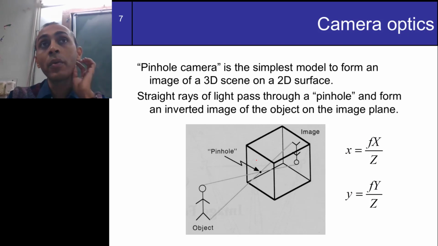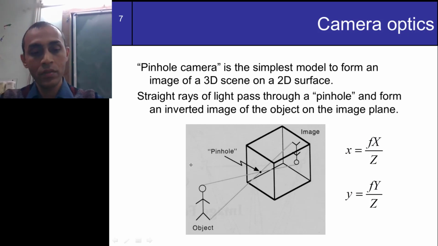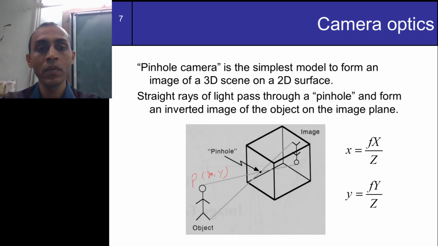So we also discussed the basic geometry of the camera optics. If you assume a pinhole model, then we can have a relationship between scene coordinates, a point in a scene coordinate, and where exactly it will form on the image coordinate.